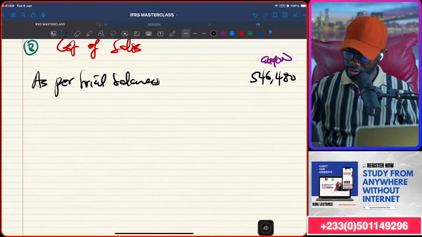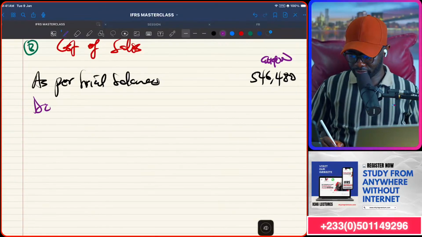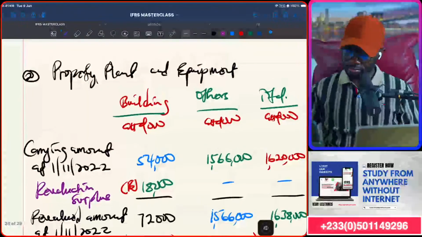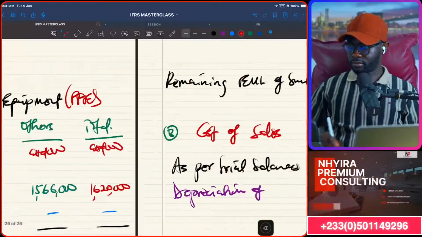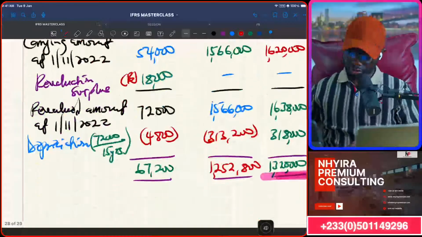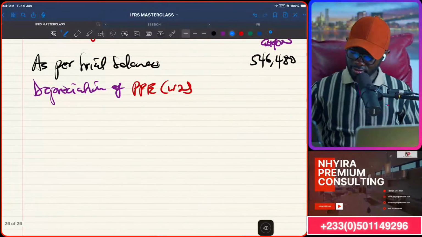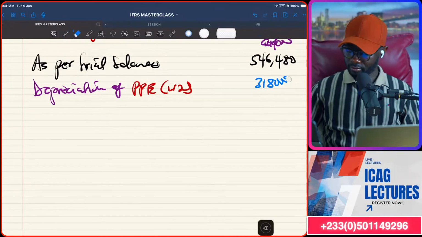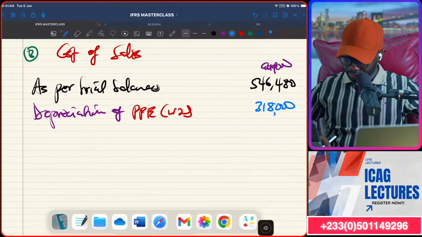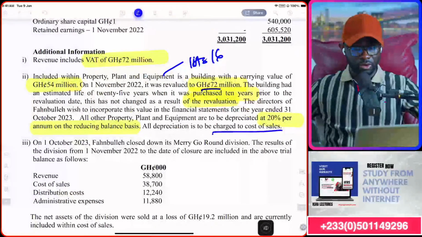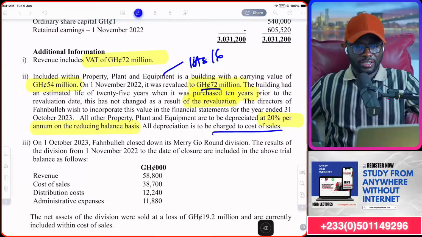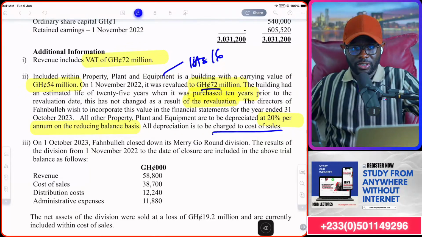Then we bring in the depreciation on PPE. From workings 2, 318,000. There we go. So that is note 2, IAS 16, revaluation of assets and depreciation of assets. Very sweet, simple, straight to the point.